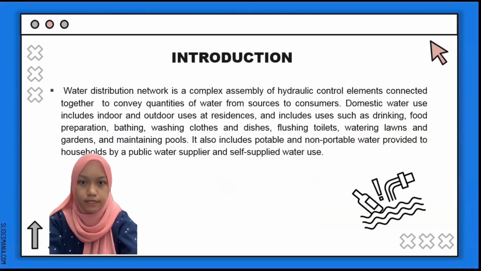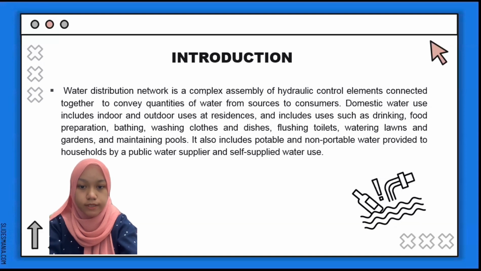First, introduction. Water distribution network is a complex assembly of hydraulic control elements connected together to convey quantities of water from sources to consumers.